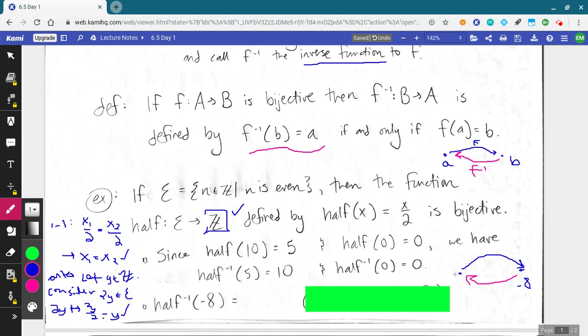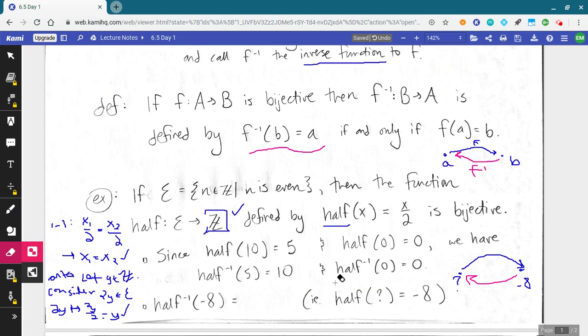We want to know what our original function sends to -8. The original function is half. Well, what number is half going to send to -8? It's going to be -16. Or in other words, half of what equals -8? -16 gets sent to -8. And so half inverse of -8 is -16.